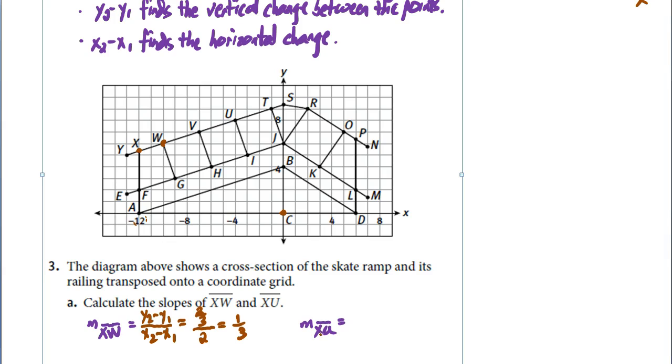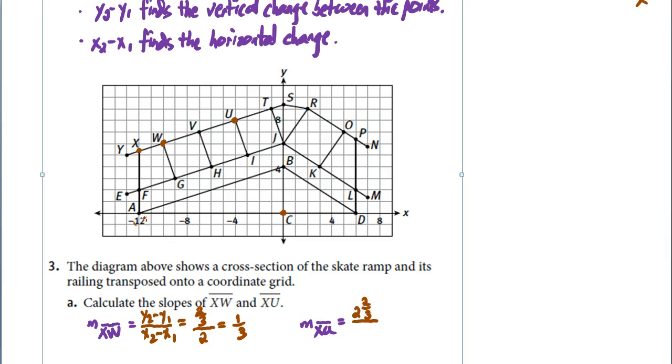Okay, let's find the slope of segment XU. Here's x, here's u up here. So what's the vertical change from x to u? It's 2/3 and then 2 more units. So it's 2 and 2/3. And then let's find the horizontal change between x crossed to where u is.